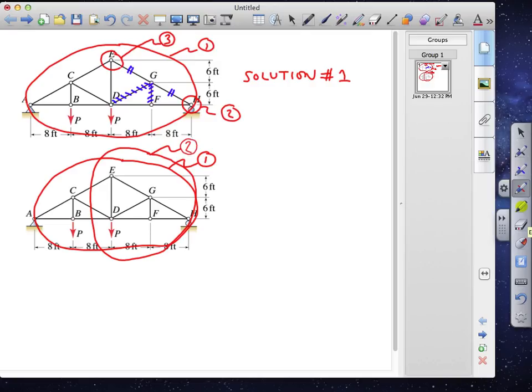Finally, we'll impose horizontal and vertical equilibrium on joint E to find the force carried by member DE. We'll now work through the details of each solution here.